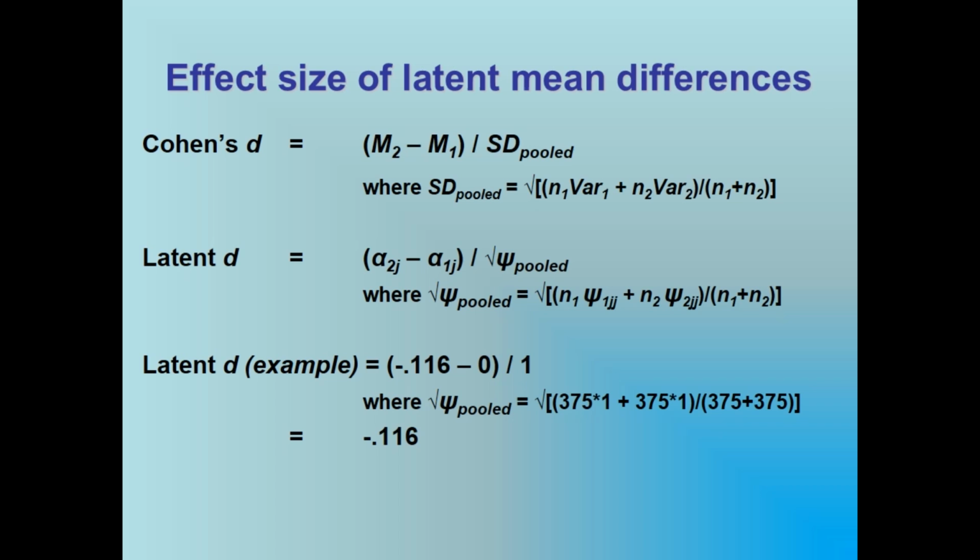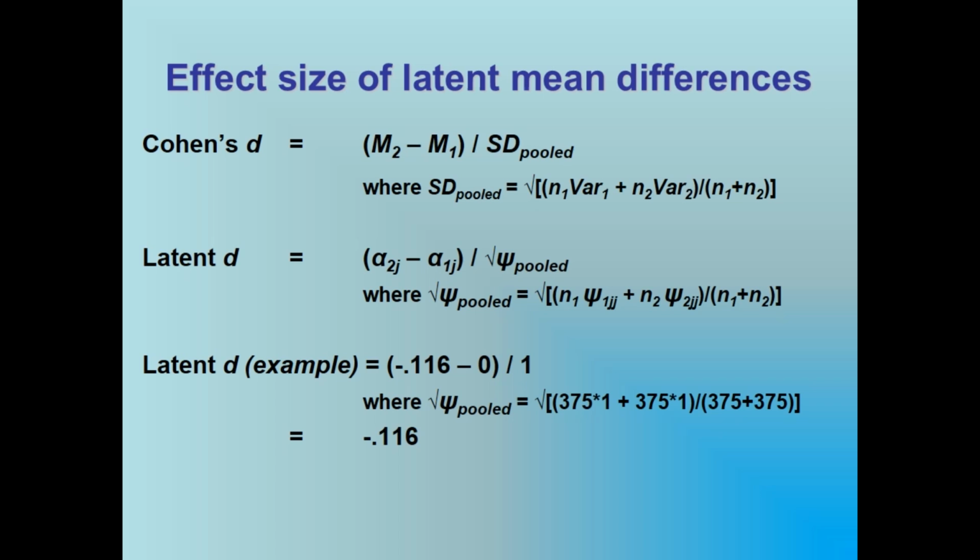In our example here, remember, we fixed both our factor variances at 1. As a result, we've already standardized our variable, and the variance is 1, and the square root of a variance of 1 is equal to the standard deviation of 1.